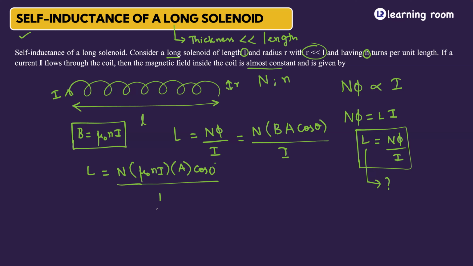So this I and I will get cancelled. This clearly indicates that the self-inductance of a solenoid is independent of the amount of current flowing through it. Right? I is not there anymore.